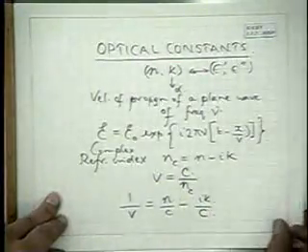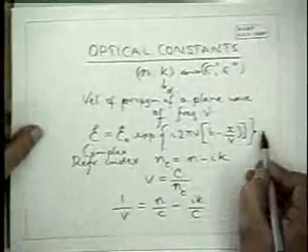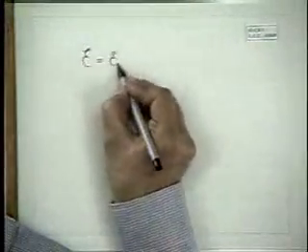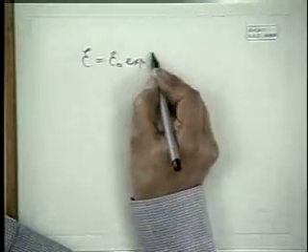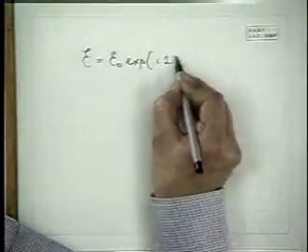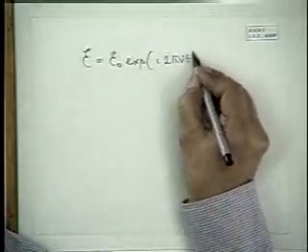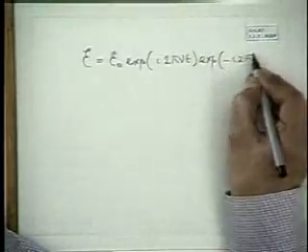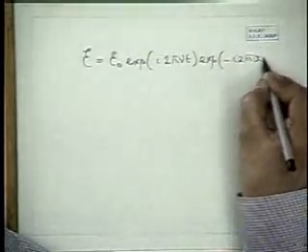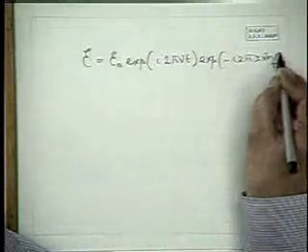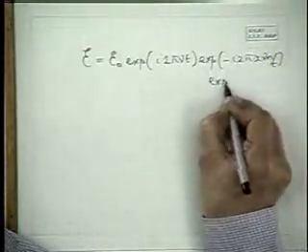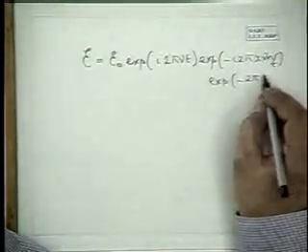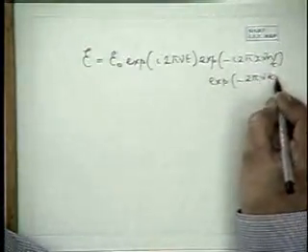Now we can write this expression as E is equal to E0 exponential i 2 pi nu t, exponential minus i 2 pi x nu n by c, into exponential minus 2 pi nu kx by c.